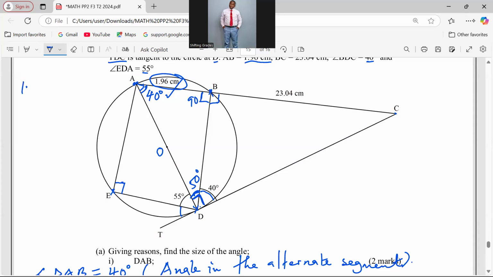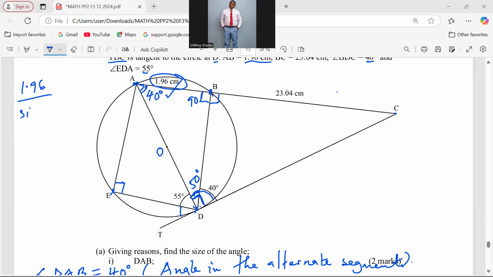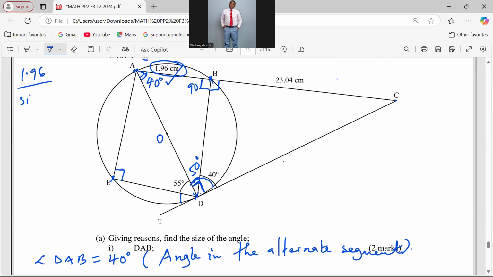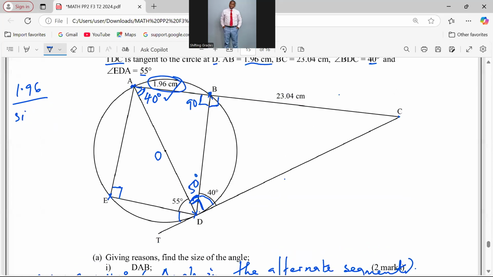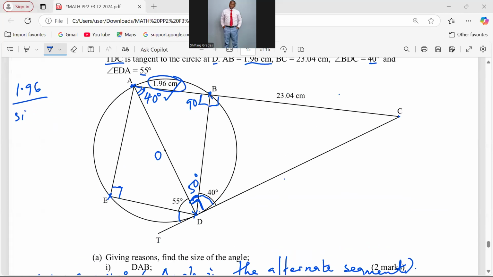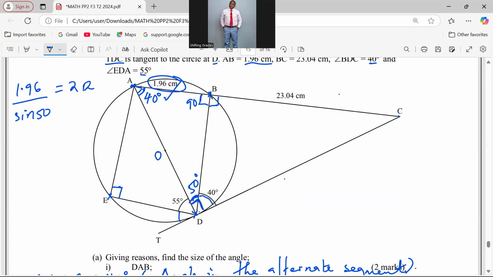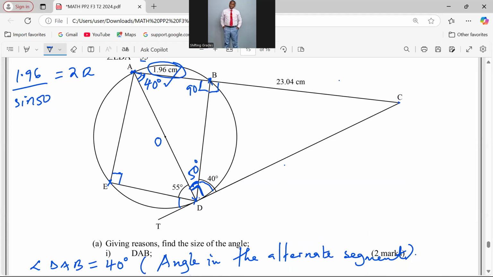So 1.96, when we divide it by the sine of 50, we will get twice the radius of this circle.